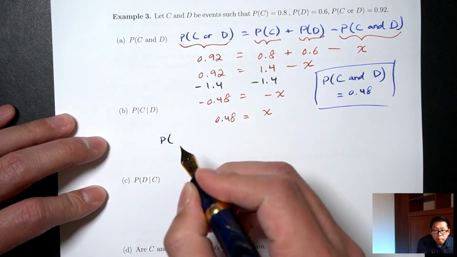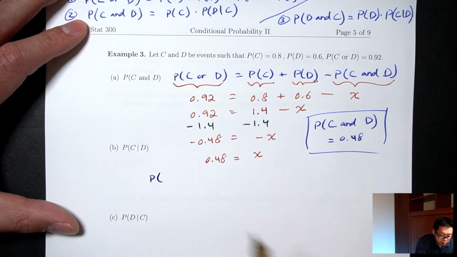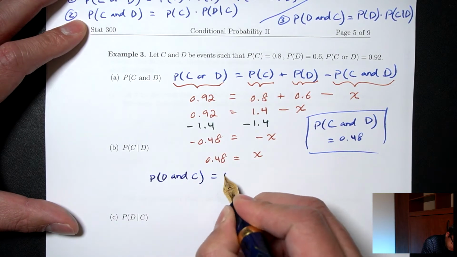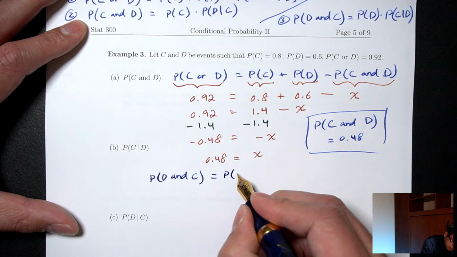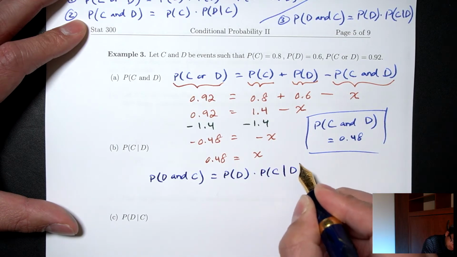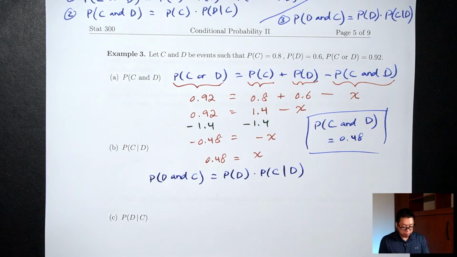Probability of D and C equals probability of D times probability of C given D. Okay, go through, plug in numbers.